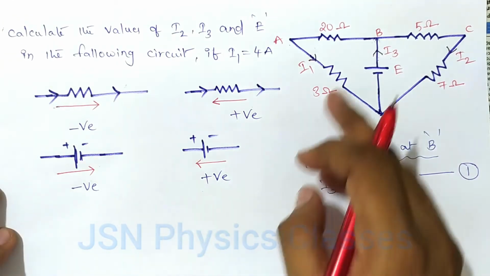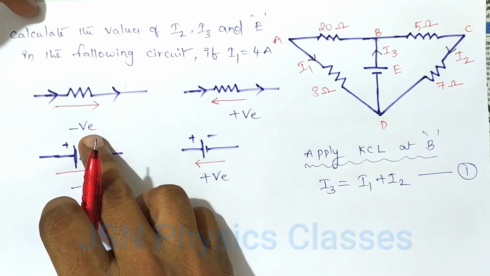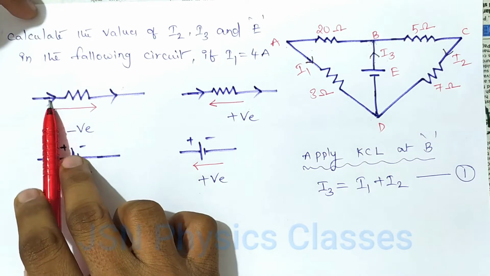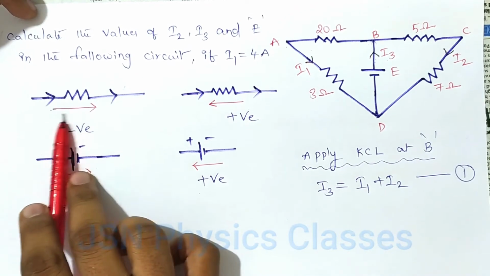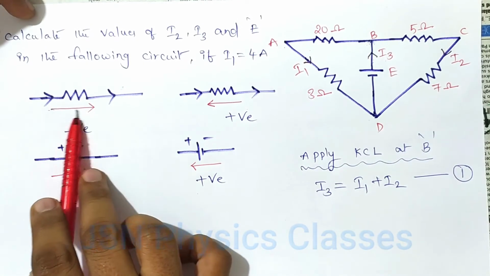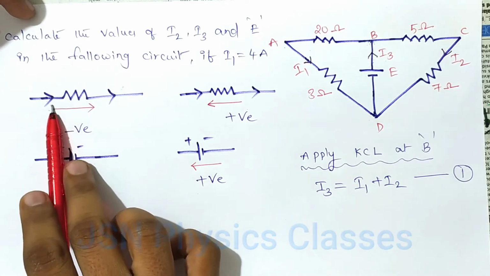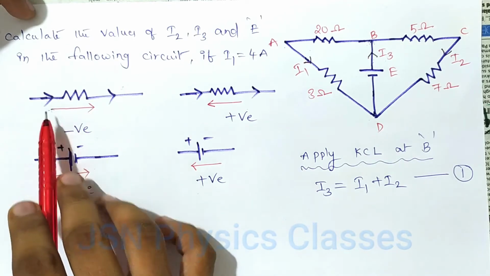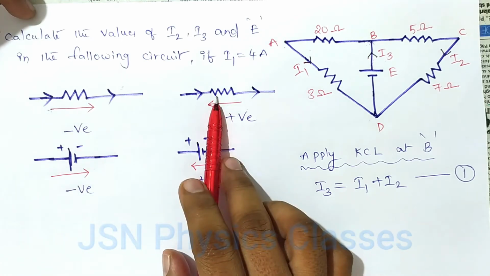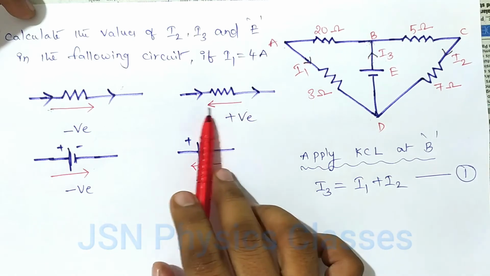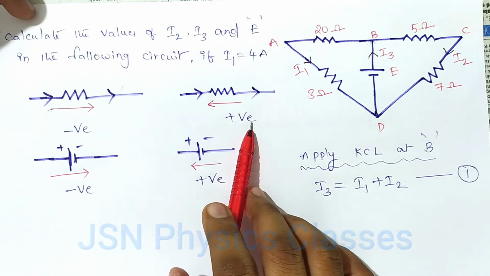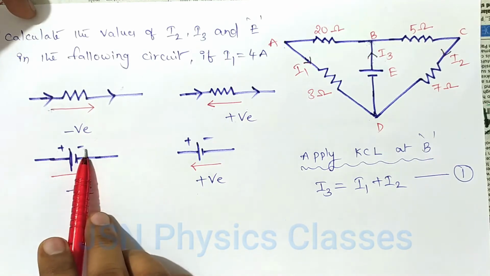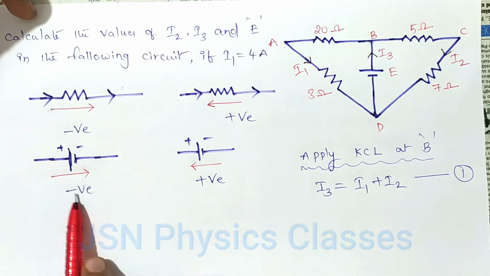Also apply KVL to this circuit. Before applying KVL, here are the sign conventions. If the actual current direction through the resistor and the loop direction are the same, take it as negative. If they are opposite, take it as positive. In case of an EMF battery, if the loop direction goes from the positive terminal to the negative terminal, so ultimately negative is the final, take it as negative.